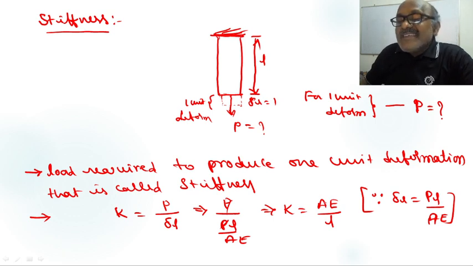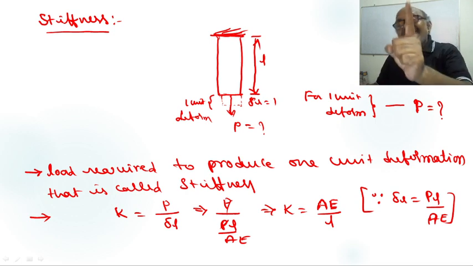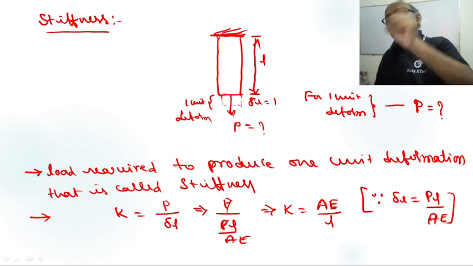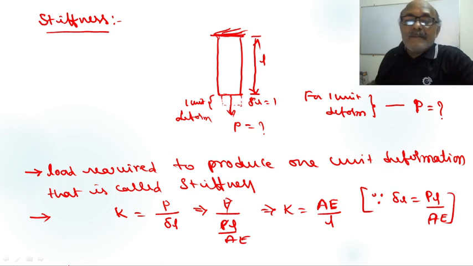So now the stiffness is a function of the area of the element, which is geometry, and Young's modulus, which is a material property.